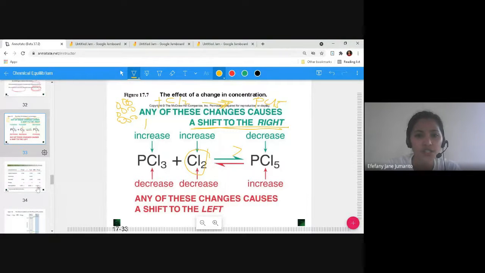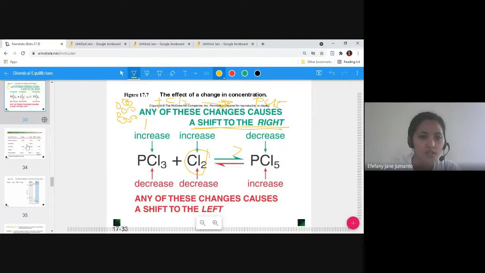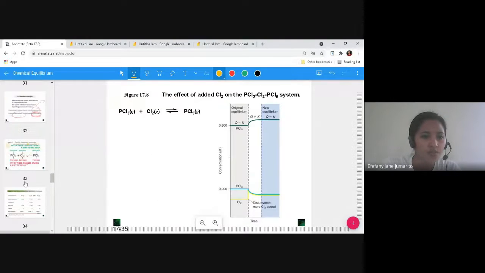Then we have Le Chatelier's principle. When we increase the concentration, the reaction goes forward.